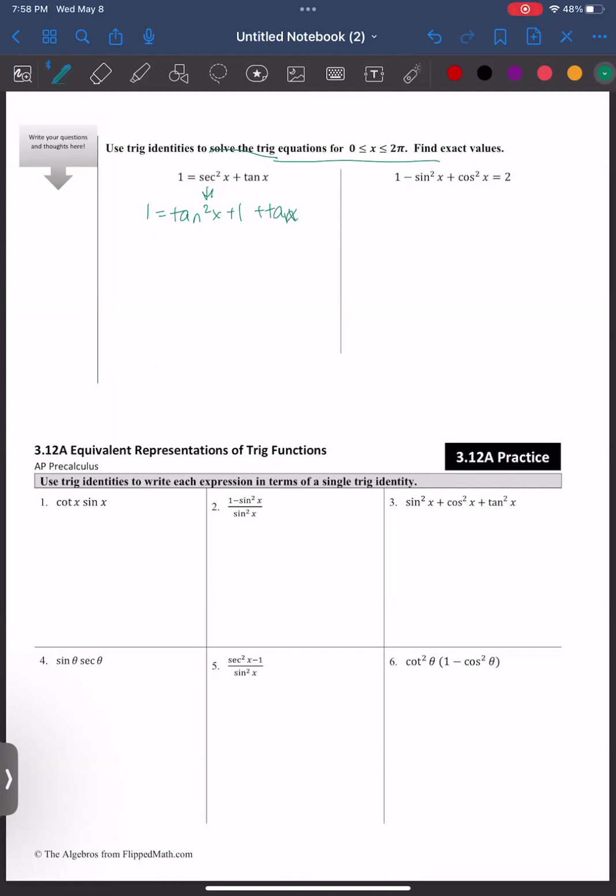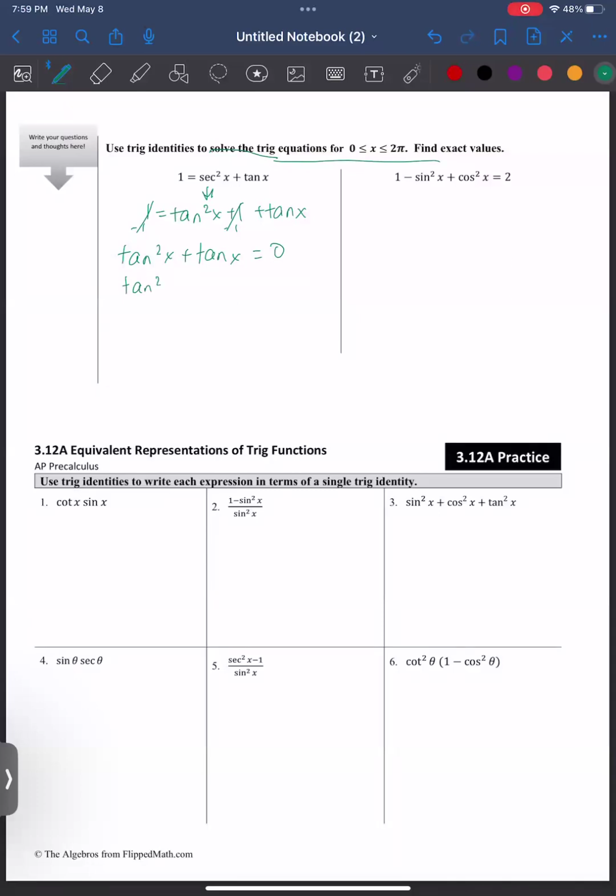If I can spell it right, tangent of x. And then I'm going to go ahead and subtract 1 from both sides. Well, my 1's are gone, leaving me with tangent squared of x plus tangent of x equals 0. Now, I notice both of these have a tangent, so I can go ahead and factor it out.